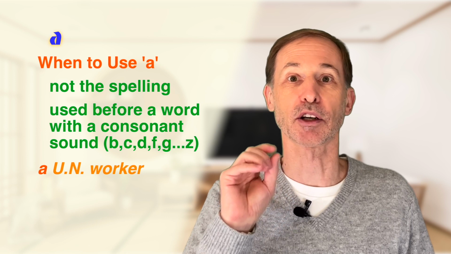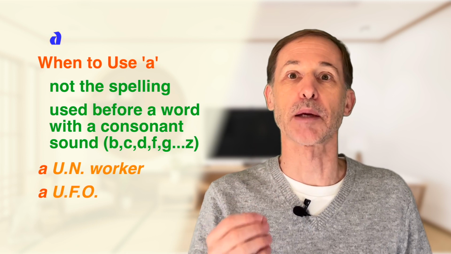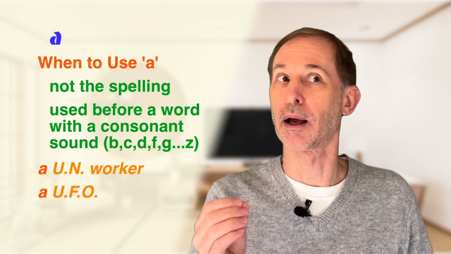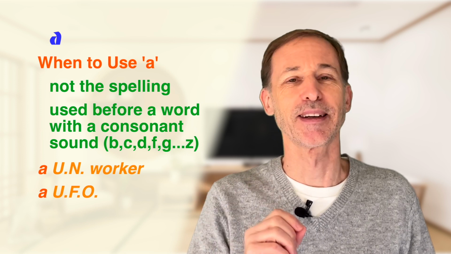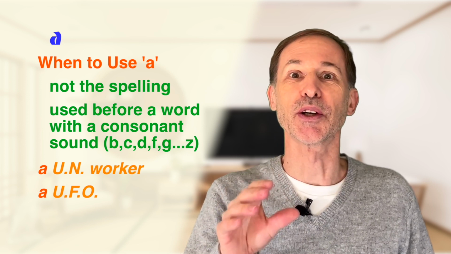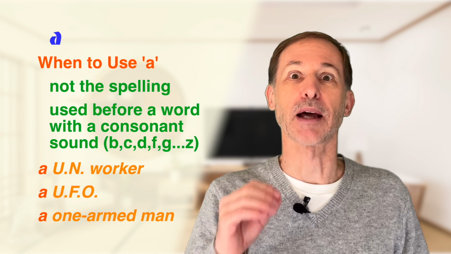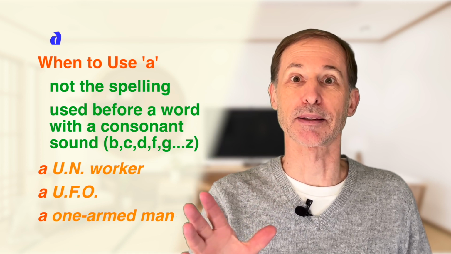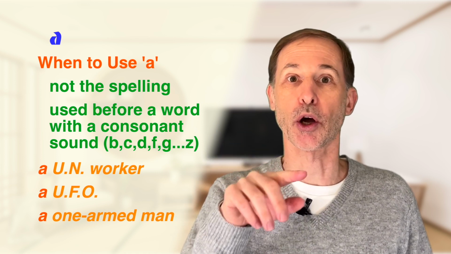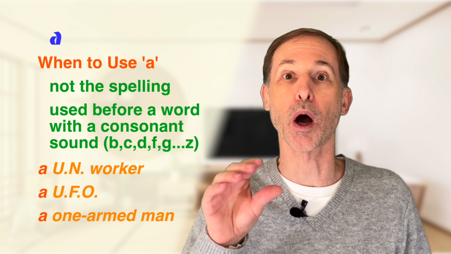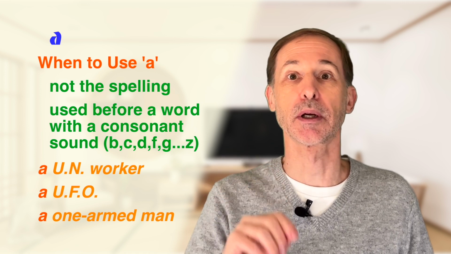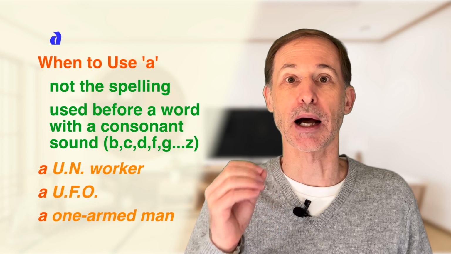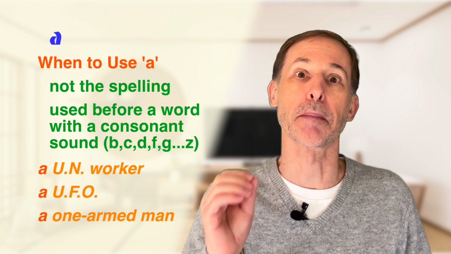It's a consonant sound. And the same, a UFO. Have you seen a UFO? But the sound is y, UFO. And a one-armed man. So again, one is spelt with a vowel, an O, but the sound is w. It's a W sound. So we use a for a one-armed man.